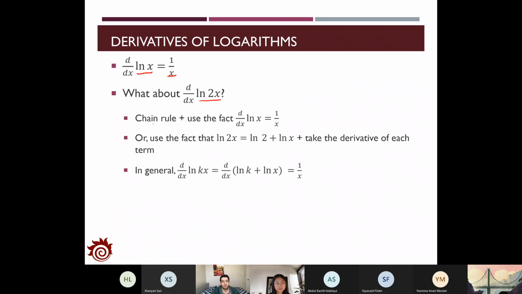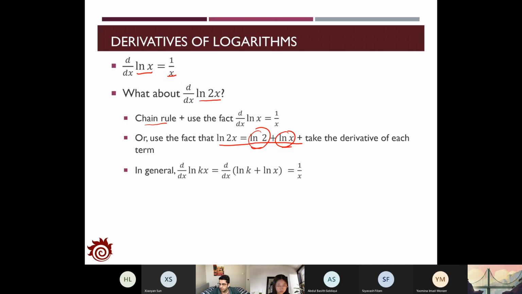You can use the chain rule. We know that ln 2x is actually equal to ln 2 plus ln x, and then take the derivative of the first and second components. For the first component, it's a constant, so it's 0, and for the second component, ln x is just 1 over x.